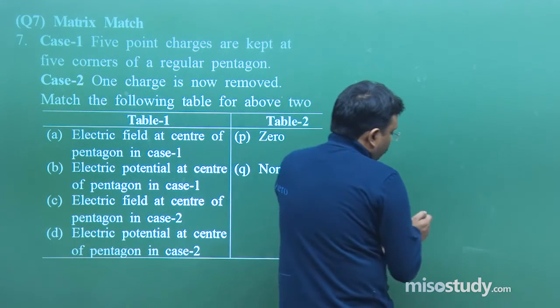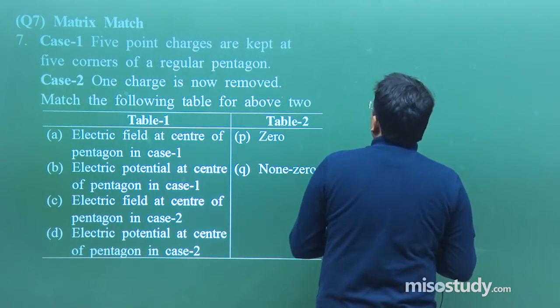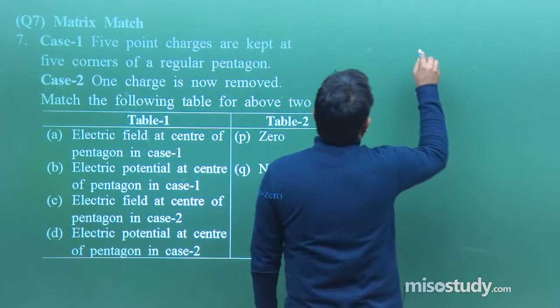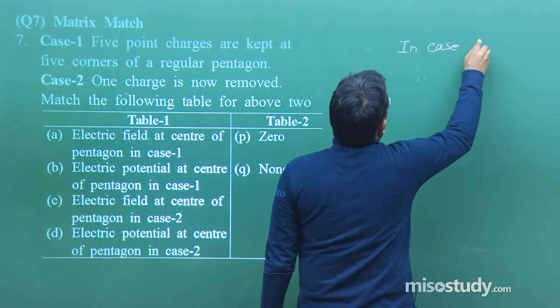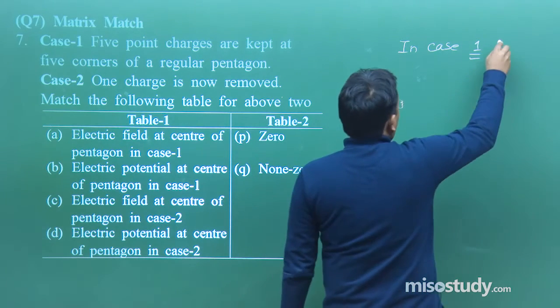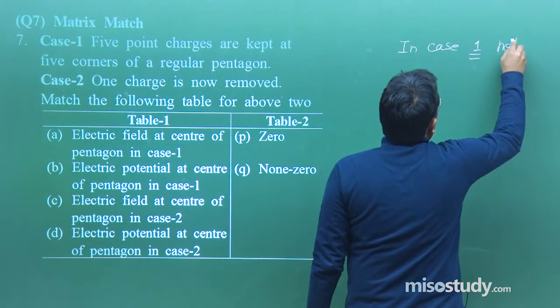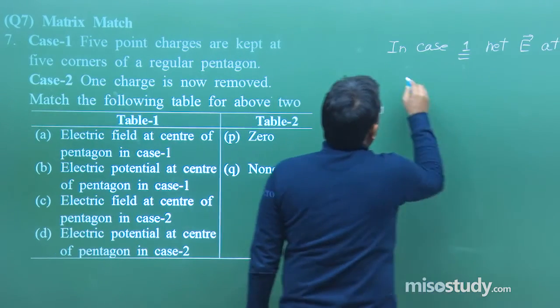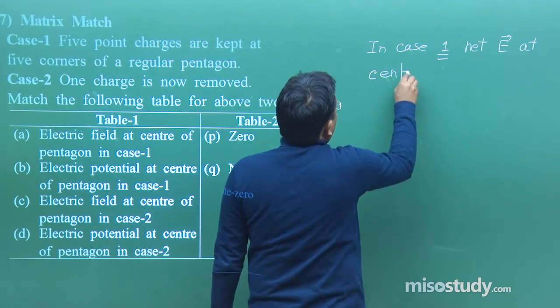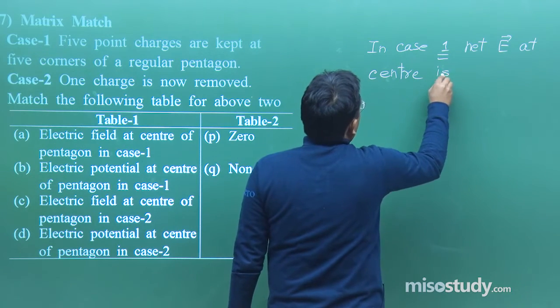Now, what answer will come in your mind? In case 1, the net electric field at center is 0.